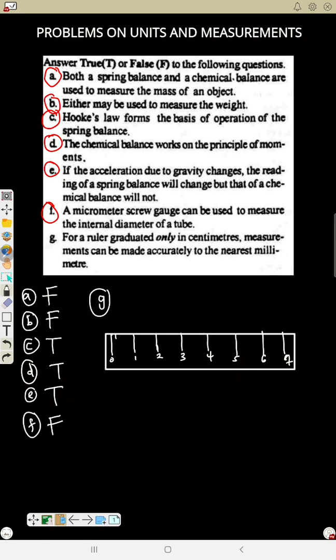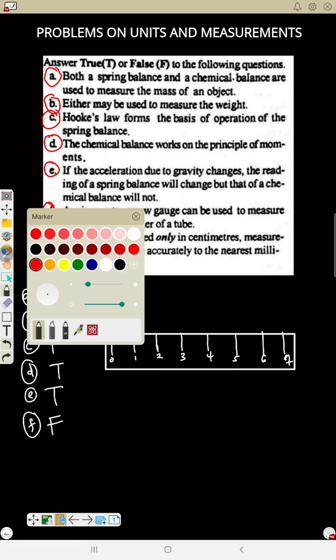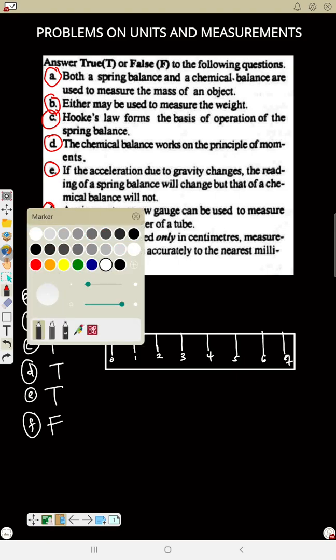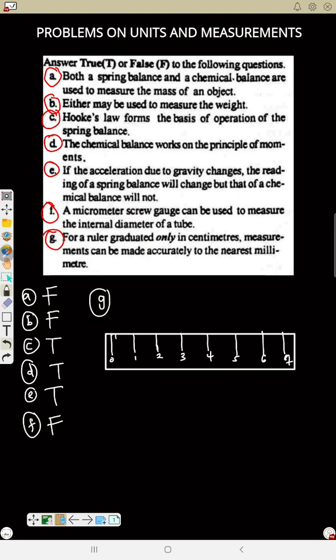So for a ruler graduated only in centimeters, as shown, measurements can be made accurately to the nearest millimeter. Let's say the precision, so it can be measured to the nearest millimeter. So to the nearest millimeter is like 1 millimeter, and in this case this is measured in centimeter.